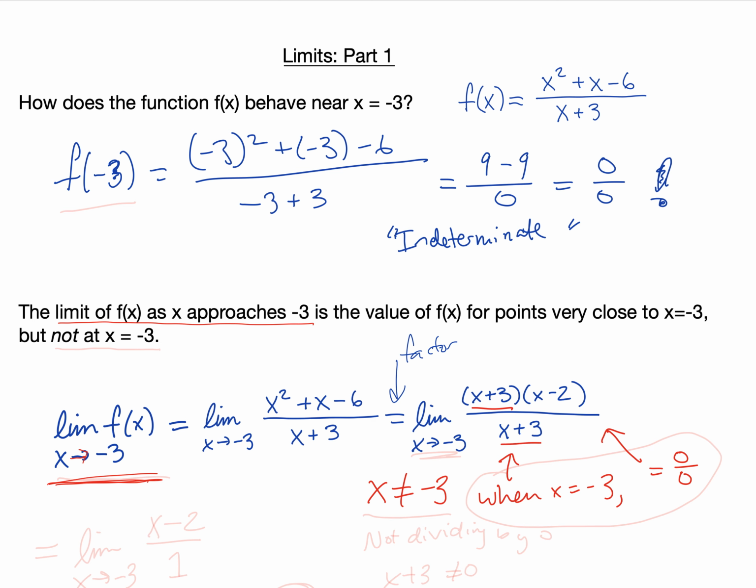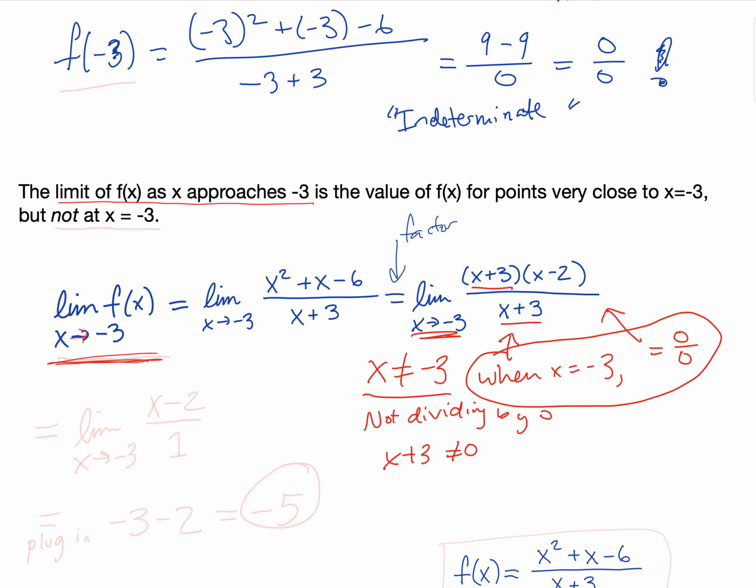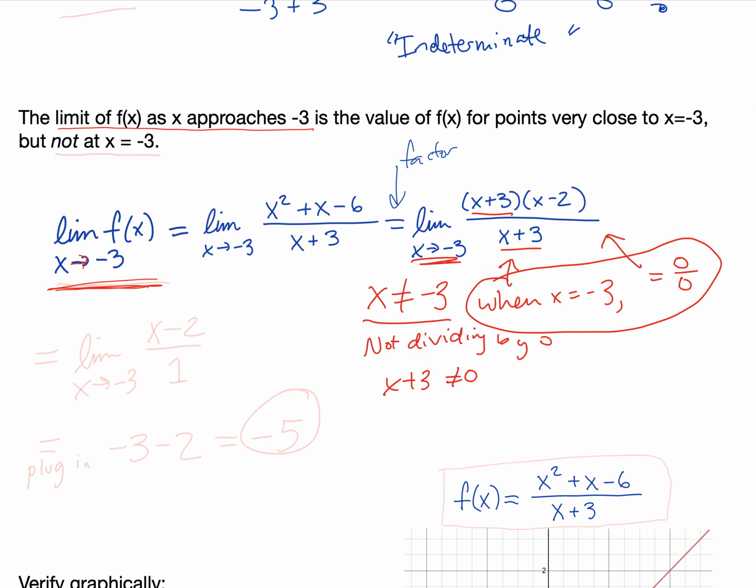But this is what happens when x is actually equal to negative 3. But the limit is telling us that x is not equal to negative 3. So as long as we are not dividing by 0, because x plus 3 is not equal to 0. x is specifically not equal to negative 3, so x plus 3 is not equal to 0.